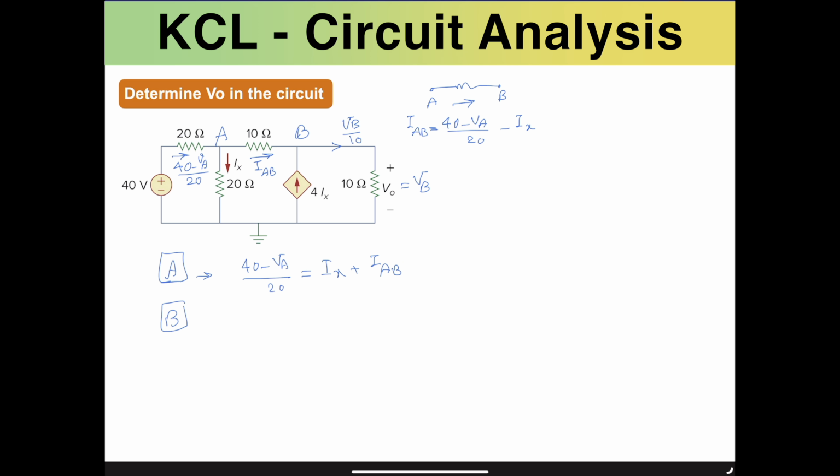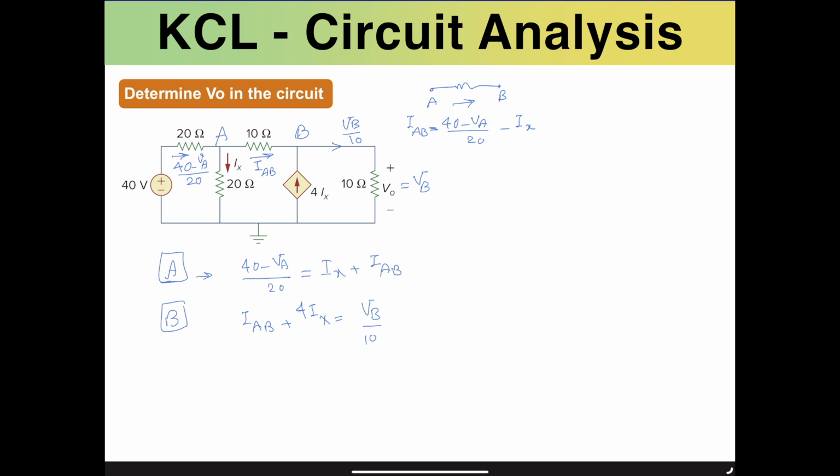Let's move on and consider node B as well. At node B, we have several entering currents: IAB is one of them, and 4Ix is the other. So we have IAB entering plus 4Ix, and that equals all of the currents exiting that node. In this case, it will be only VB over 10.